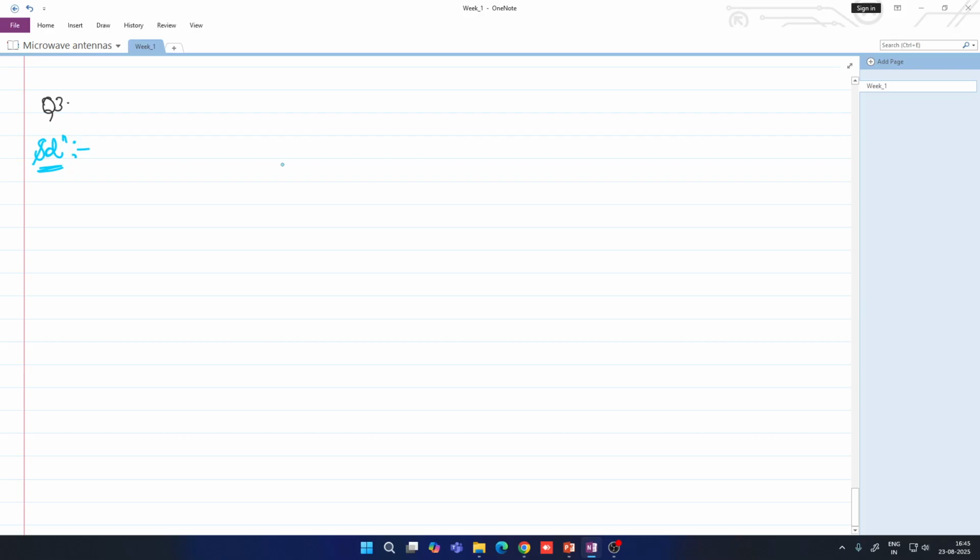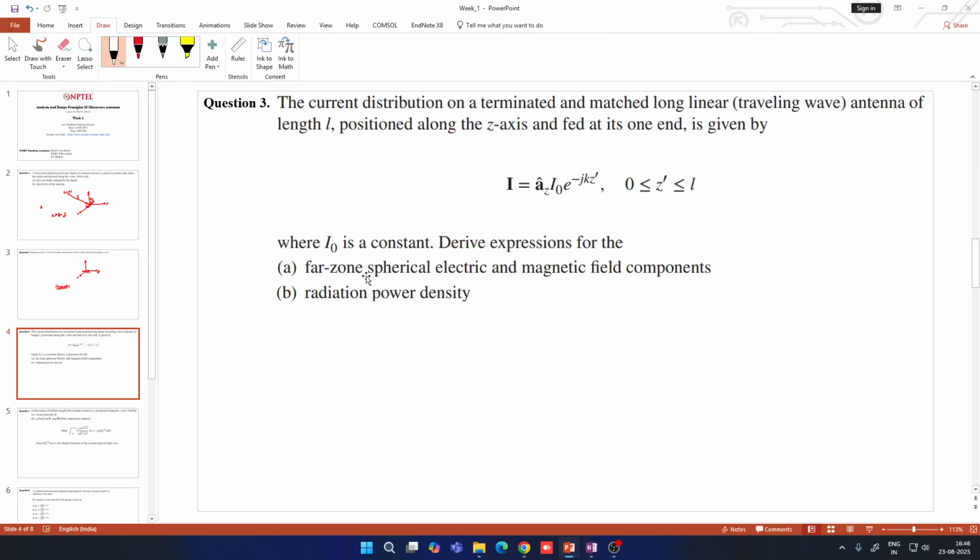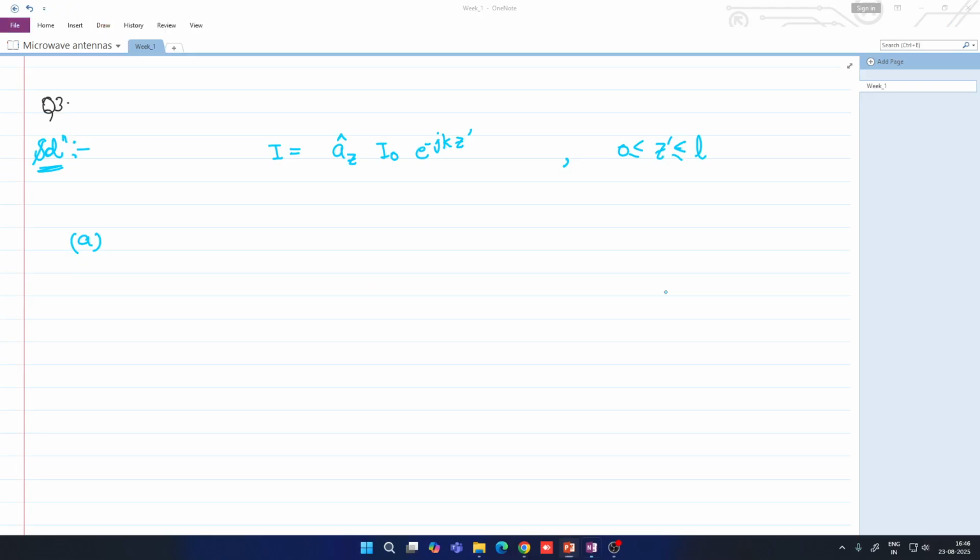In the problem, we are given an antenna which is a line wire, where the current flowing along the z-axis is I z cap I naught e to the power minus j k z cap, and z is between 0 and L. First, we have to find the far zone spherical electric and magnetic field components.